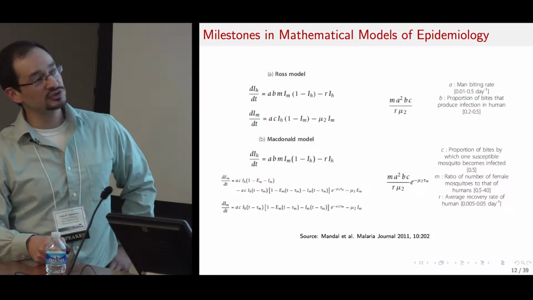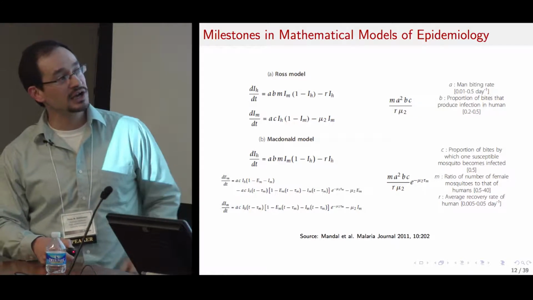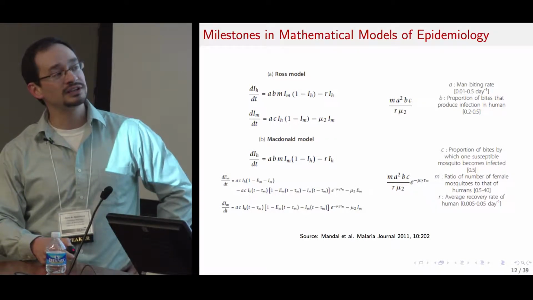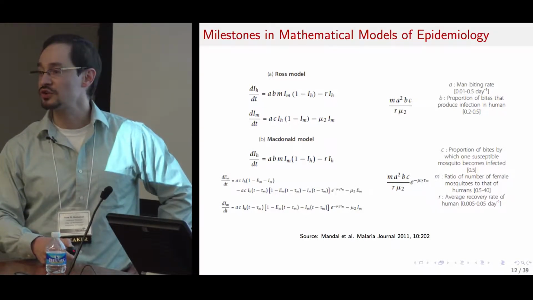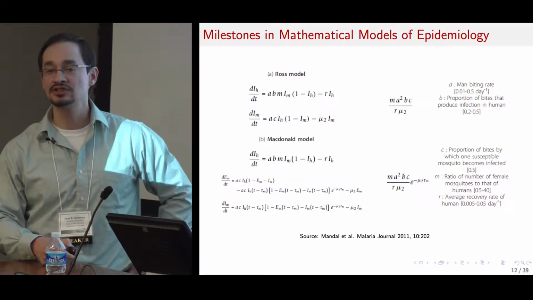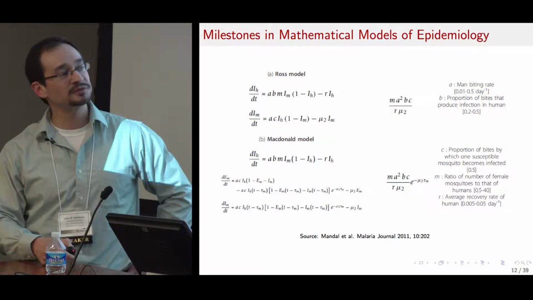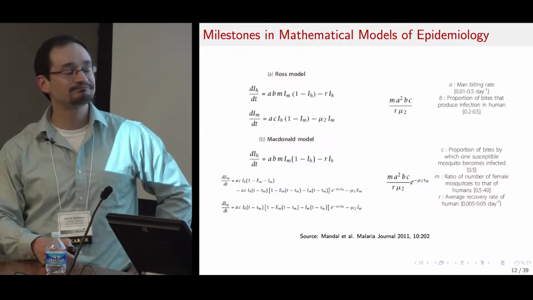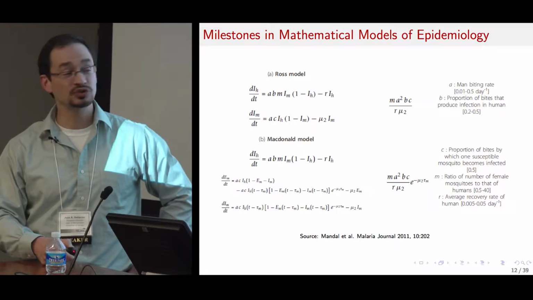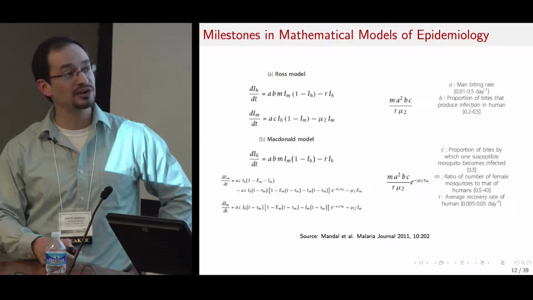Okay, so let me just comment quickly on the two types of models that were first introduced by Ross and McDonald. Ross said, remember, derivative, the velocimeter, how fast are we producing infected humans? I sub h means infected humans. Well, it's the product of 3 quantities times the infected mosquito. It is the product of infected mosquitoes and 1 minus infected humans.